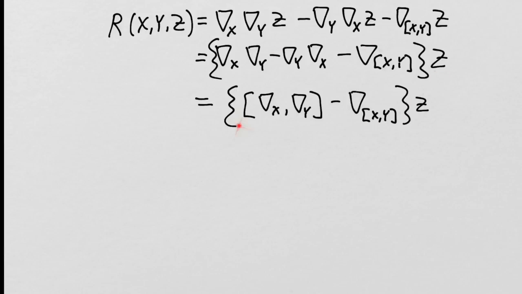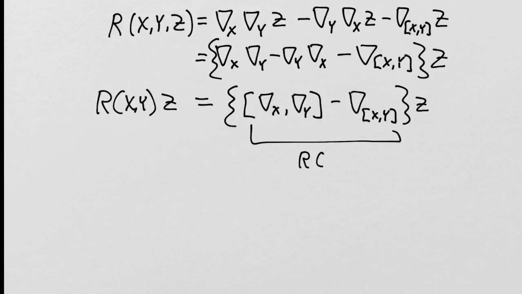These two, however, are evocative of something that is commonly done, and that is to write this as R of x and y operating on z, where this is R x, R y. So this is now a mapping. R x y is a mapping that takes two vectors and returns this object here, which is still another vector.